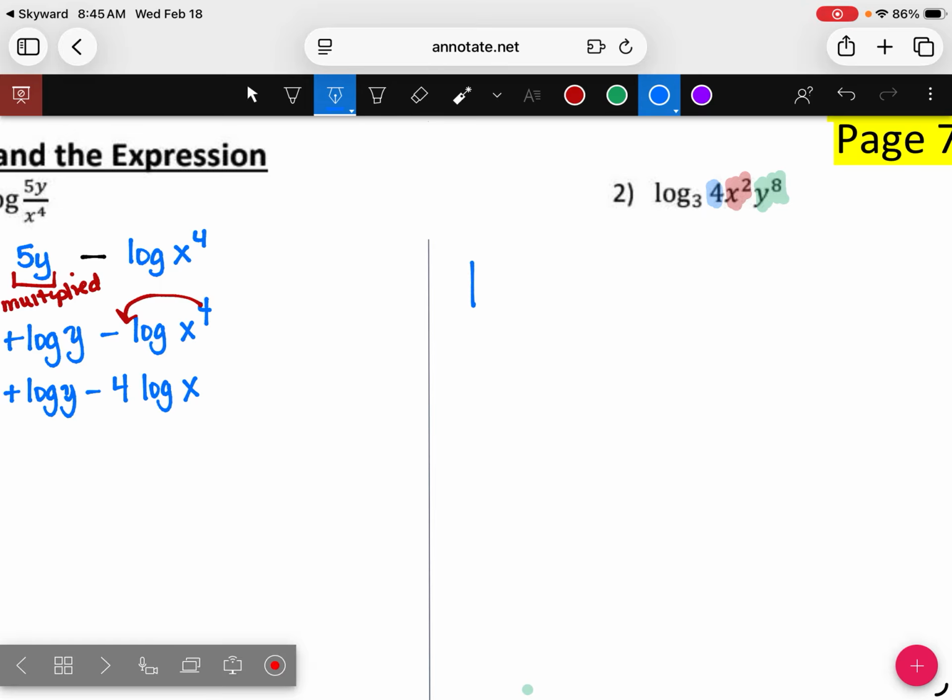I'm going to have a log little bitty 3 of 4 plus a log little bitty 3 of x squared plus a log little bitty 3 of y to the 8th. So we already said we did not have a fraction. Now we separated it with multiplication. We separated the multiplication with addition.